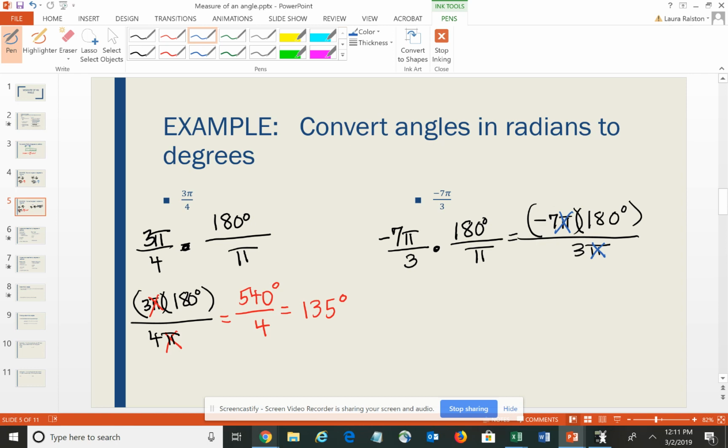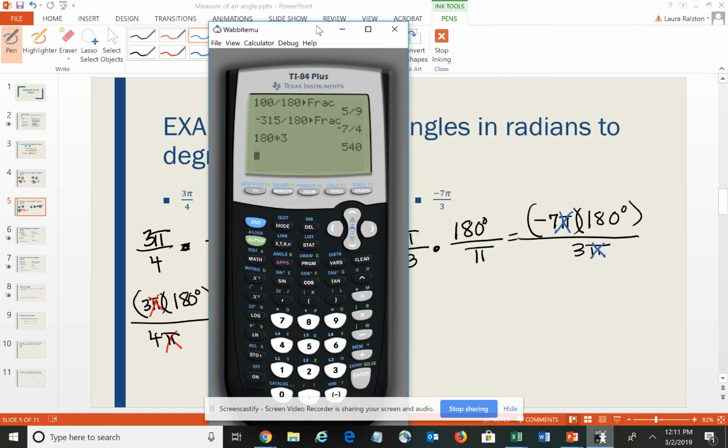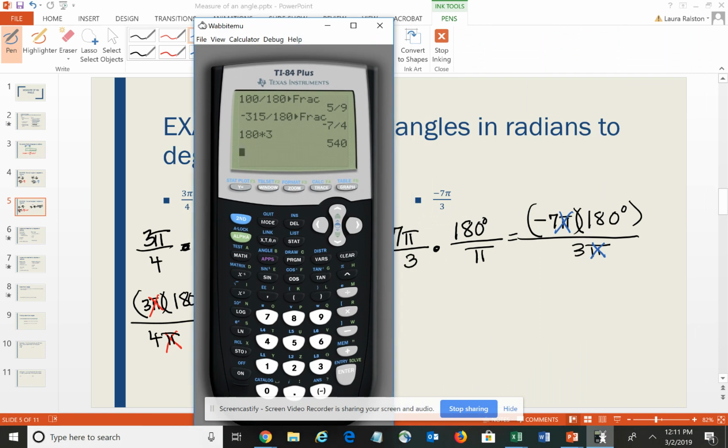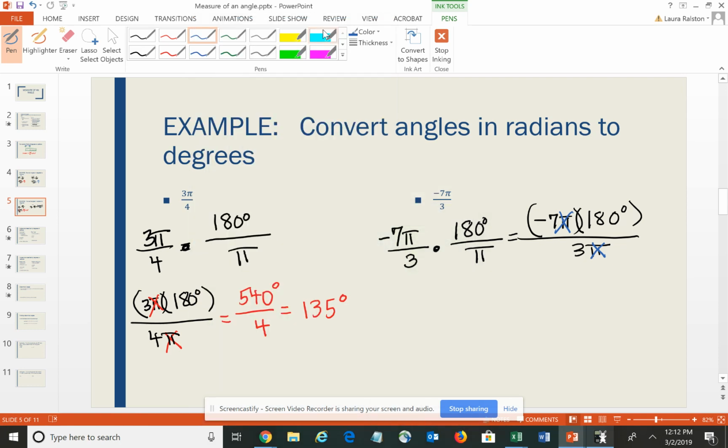They will divide out. Definitely want to get my calculator here, and I want to multiply negative 7 times 180, okay, which gives me negative 1260 degrees divided by 3.